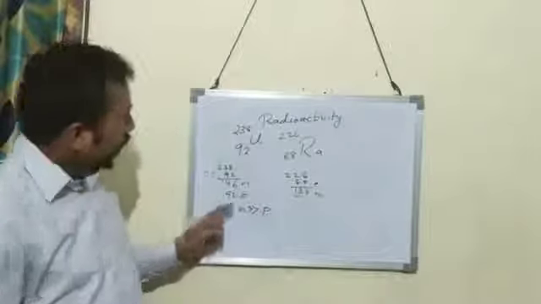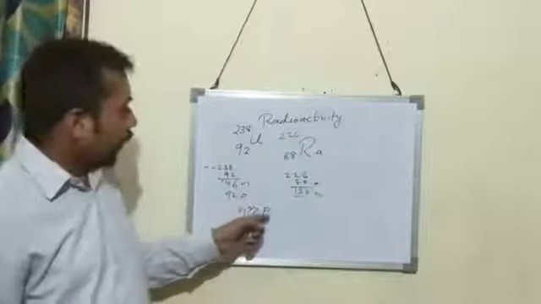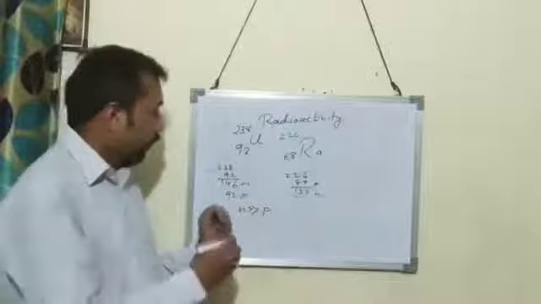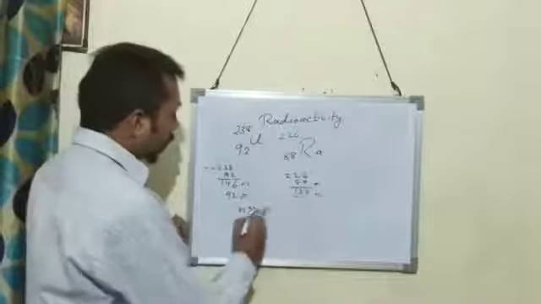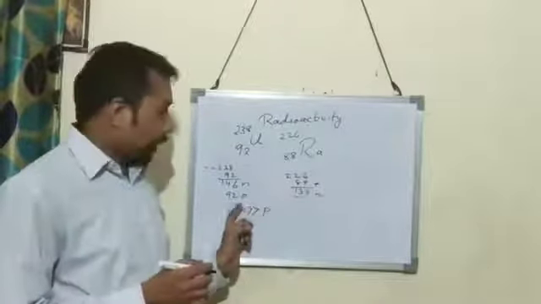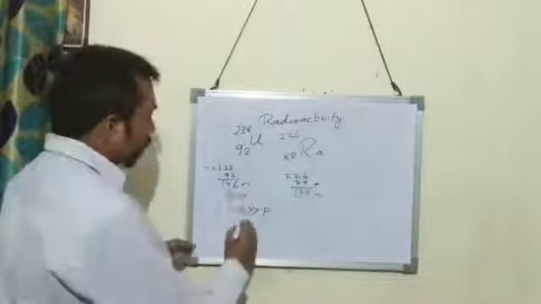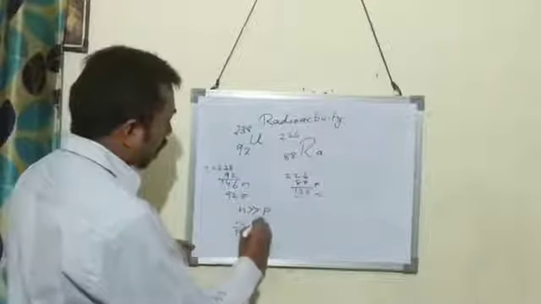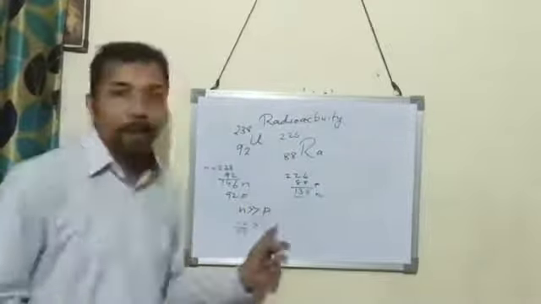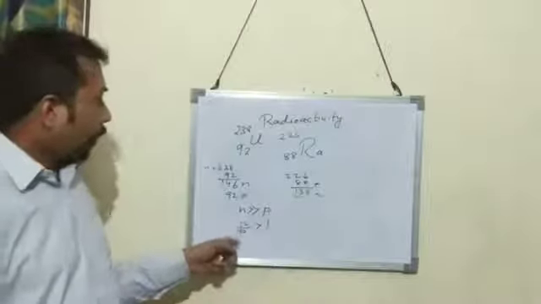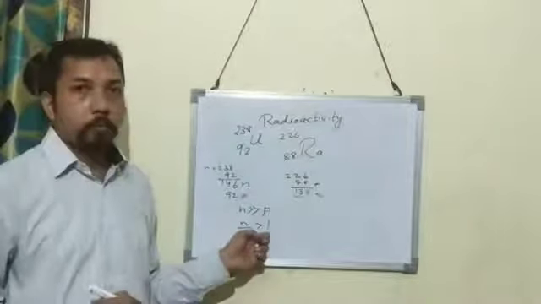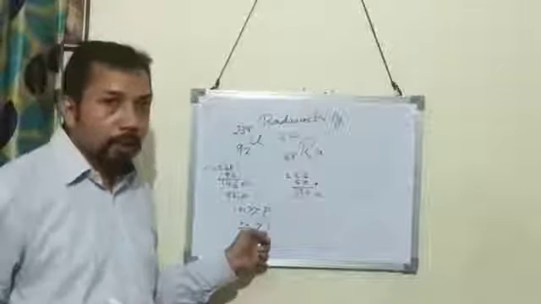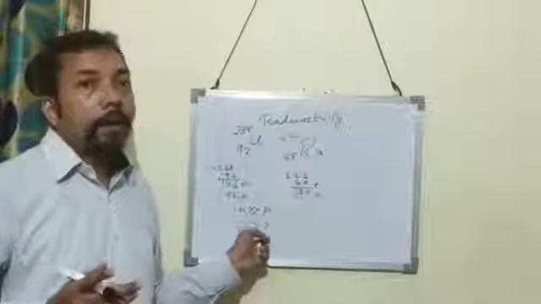The number of neutrons is much more than the number of protons, or the neutron to proton ratio is more than 1. Then only the substance can become radioactive.